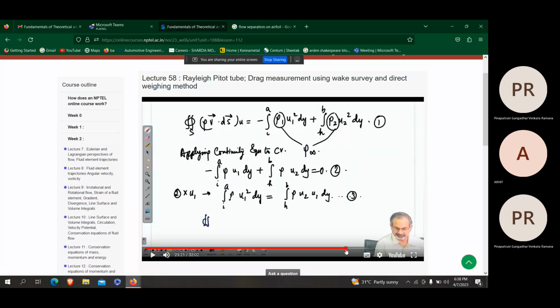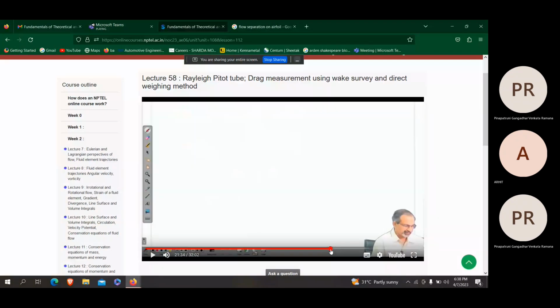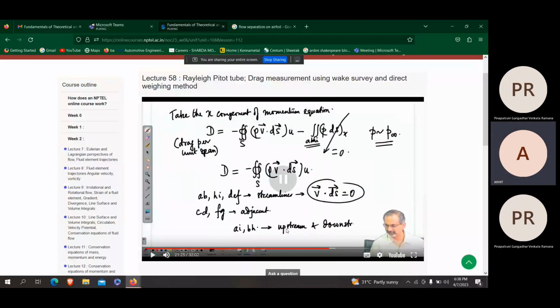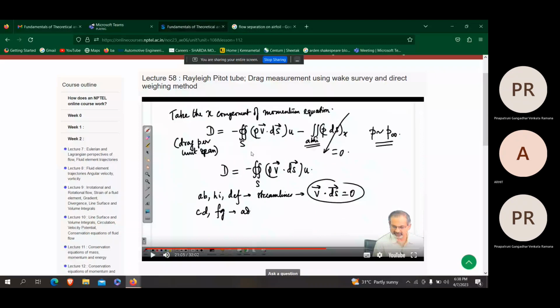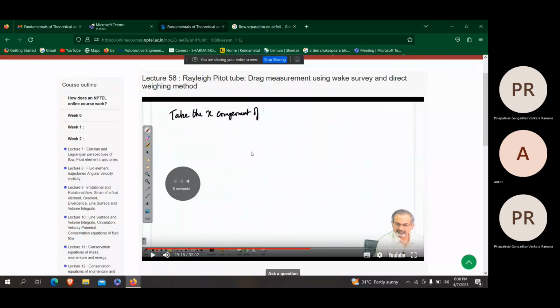You can find it. Take the X momentum equation, one more slide before. Or else you can use this one also. That's not an issue.